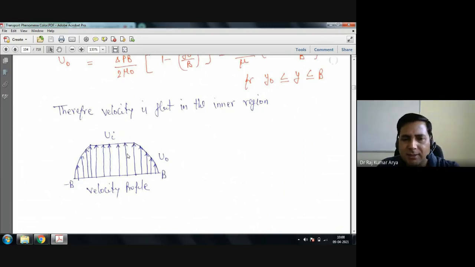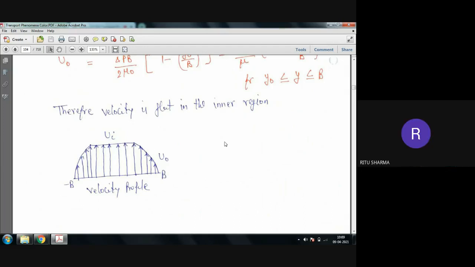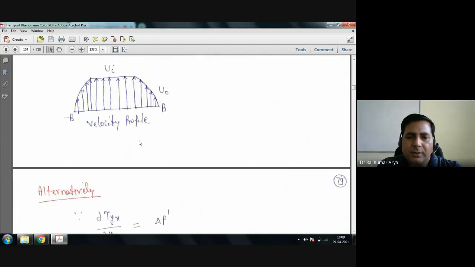The reason is that you want a flat profile so that your reactions proceed forward and you have uniform concentrations throughout. If you have this type of profile, this fluid will spend more time compared to the other, and it would have a different concentration compared to the inner region, right?